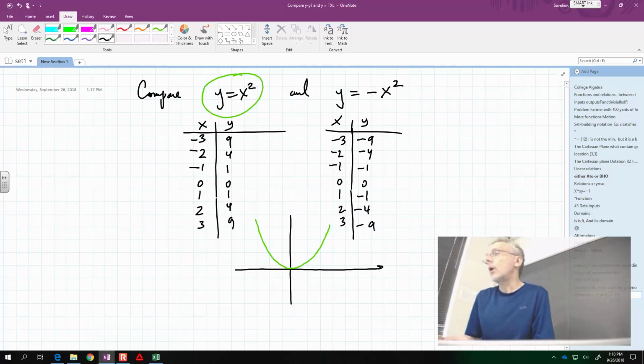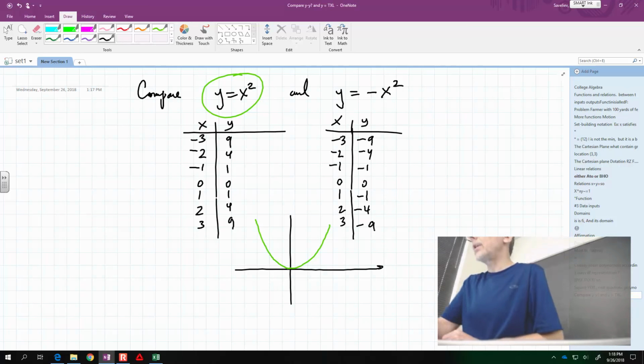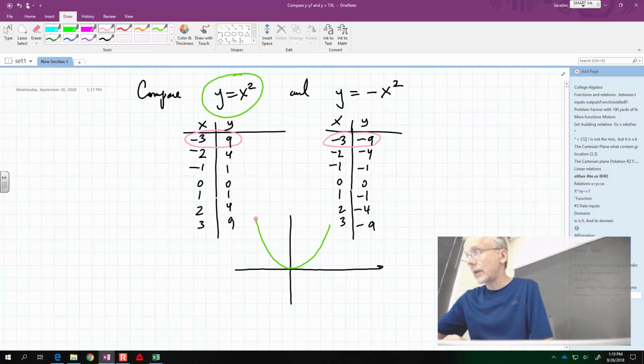They are aligned horizontally on purpose because I want to compare each of them, because they will be paired up. So for example, -3, 9 is paired up with -3, -9. This is -3, and this is 9. So that is the point on the graph of the original function y equals x squared.